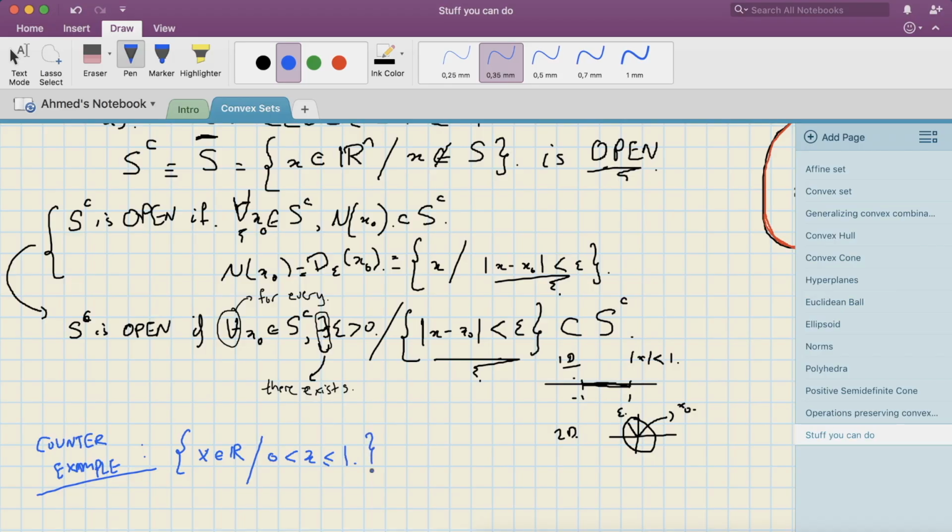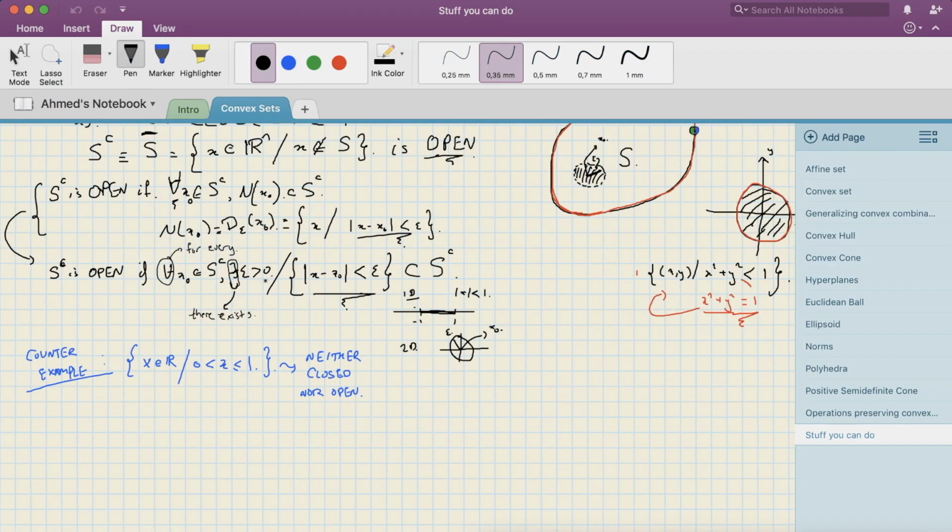This is called a half-closed interval, because it contains the boundary 1, but it doesn't contain 0. The complement would be closed here and open here: everything greater than 1 but open, everything less than 0 but closed. It's also not closed and not open. So this is a counterexample of a set that is neither closed nor open.